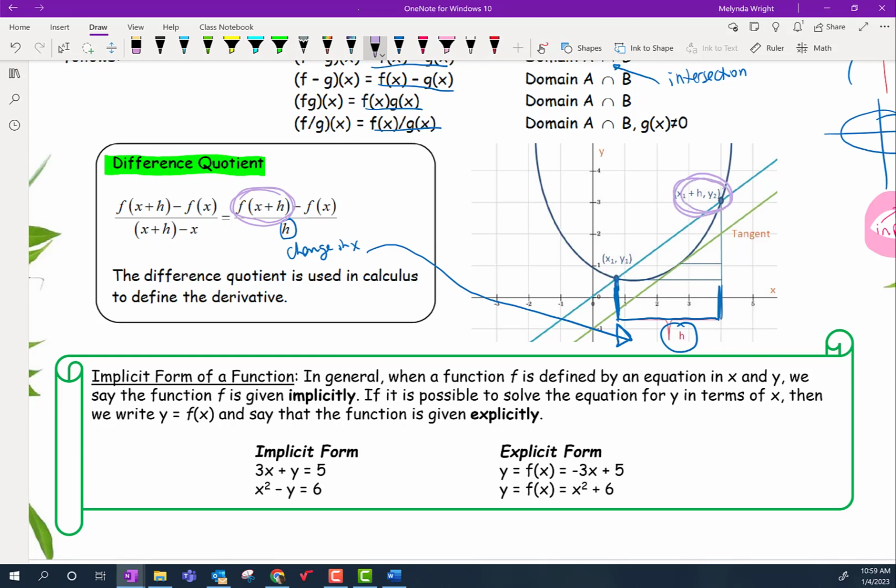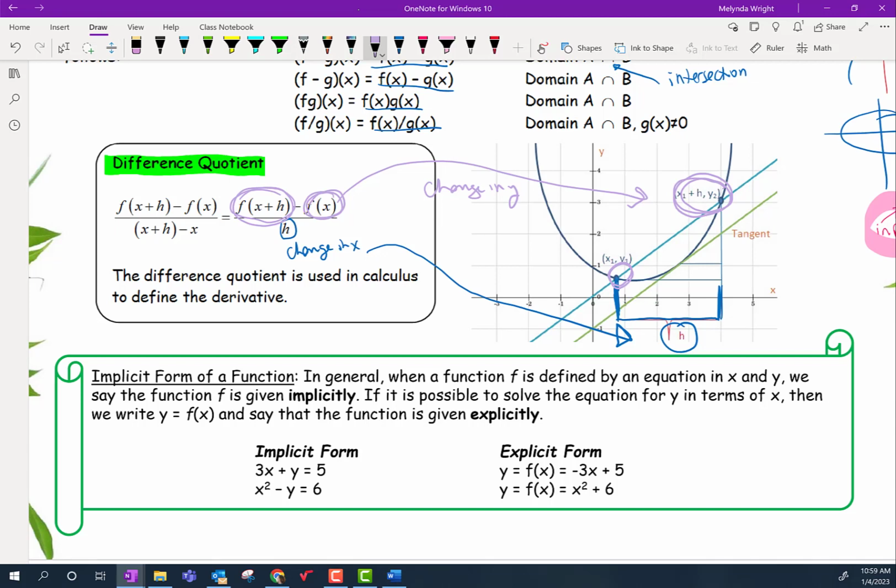And then we have the old y value, which is simply f of x. So the numerator represents the change in y, and if you recall from Algebra 1, the change in y over the change in x is slope. This is just a more complicated way of dealing with it.